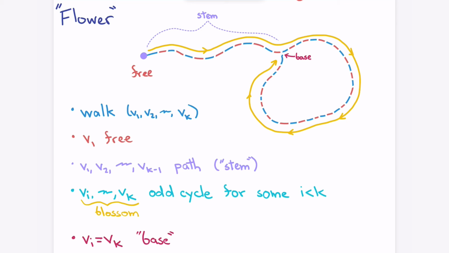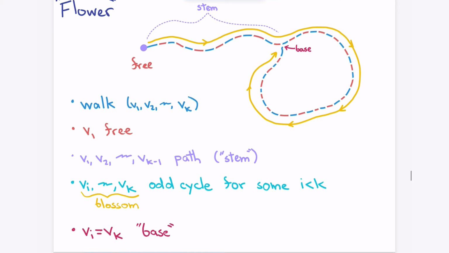The vertex where it meets is called the base. The path up to it is like the stem of a flower, and then this odd cycle is called the blossom. Yeah, back when algorithmic design was more romantic. Now we're just clubbed in the head by neural networks. There's no romance left.